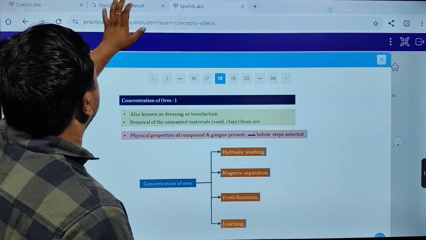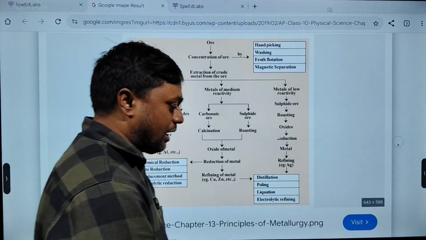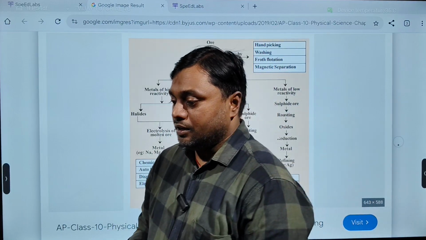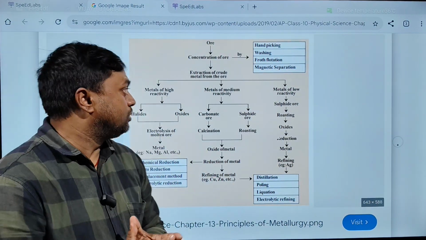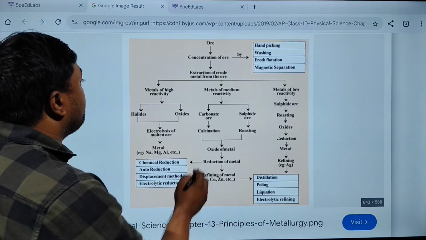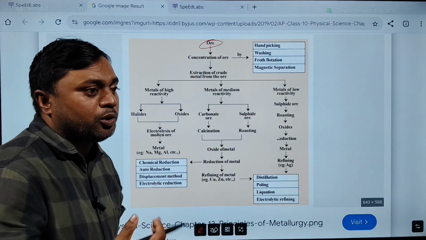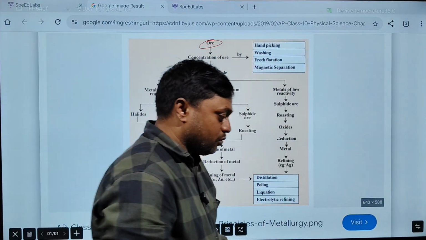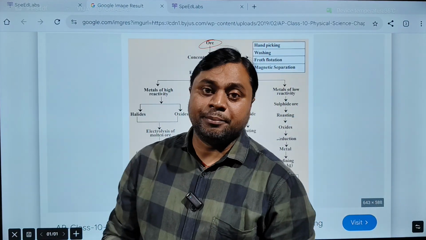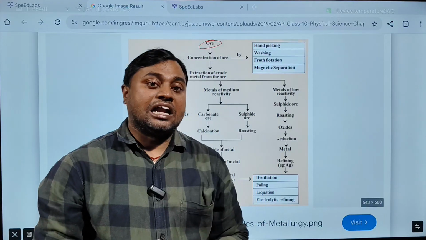Okay, so we have one flow chart for the extraction of metal. We'll discuss this flow chart first. Try to understand: we have ores of different metals, and metals have different reactivities.